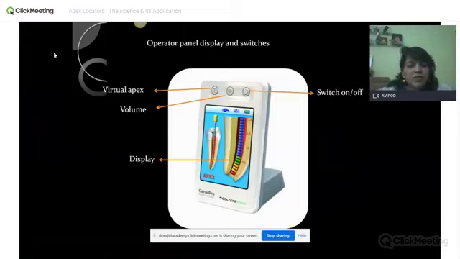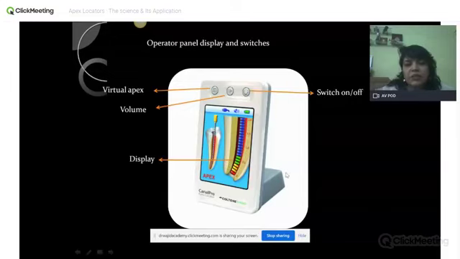Yeah, so these are the basic parts of an Apex locator. You can see that this is a tabletop Apex locator which has the regular switch, the volume, and the special mode. This is the display screen, and the display screen shows two images, the tooth and the apical region in detail.